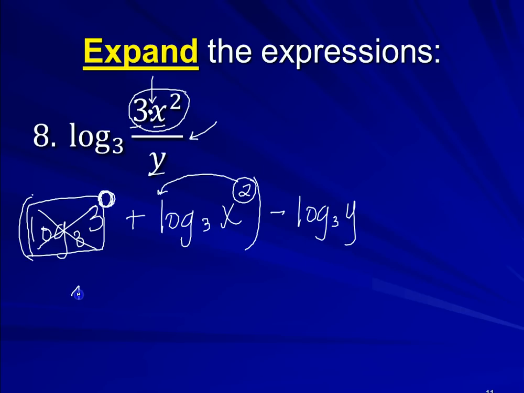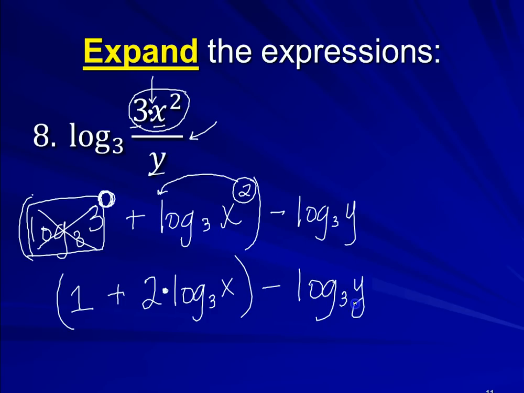This would be 3 to the first power. So log base 3 of 3 cancels. That's just 1. Plus, this 2 is pulling to the front, 2 times log base 3 of x minus log base 3 of y.